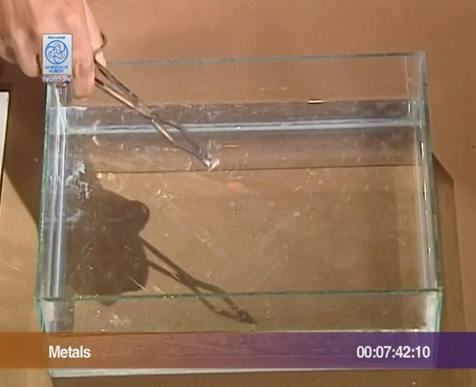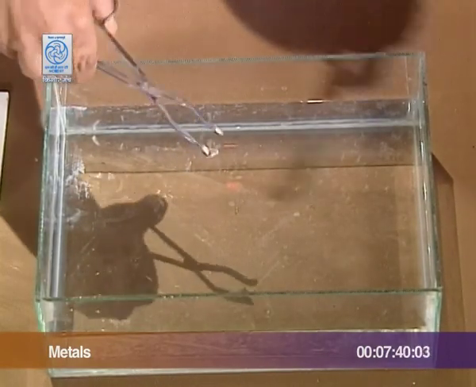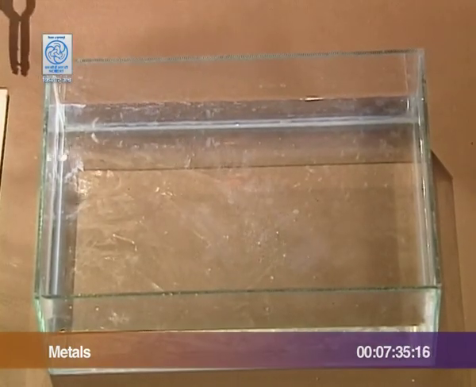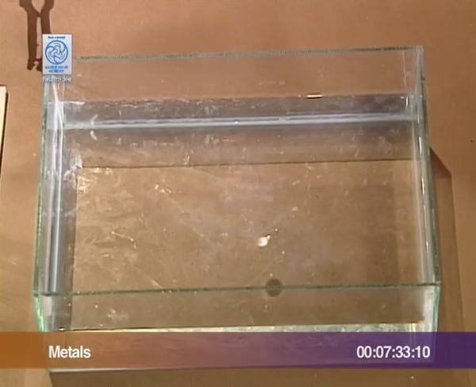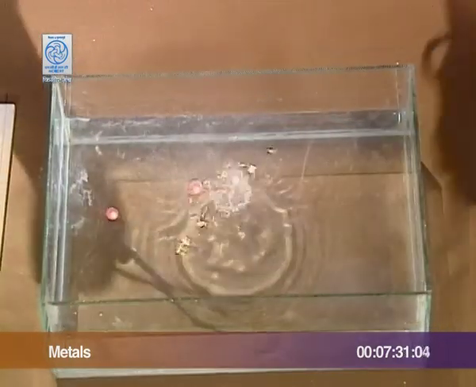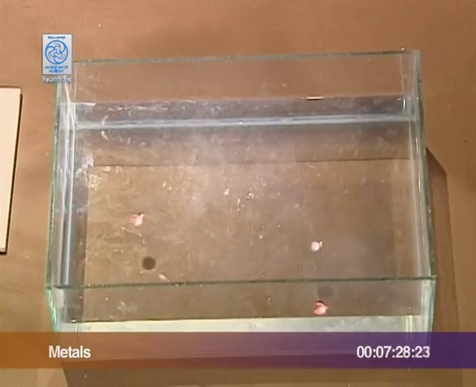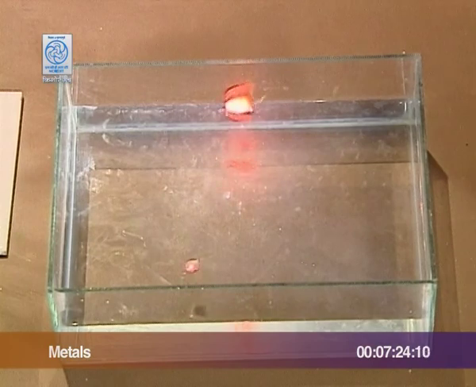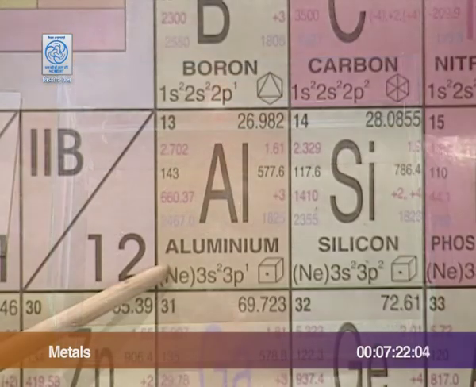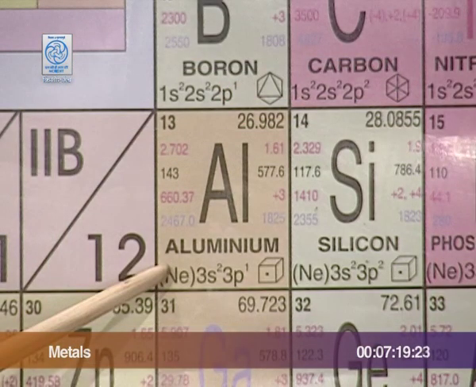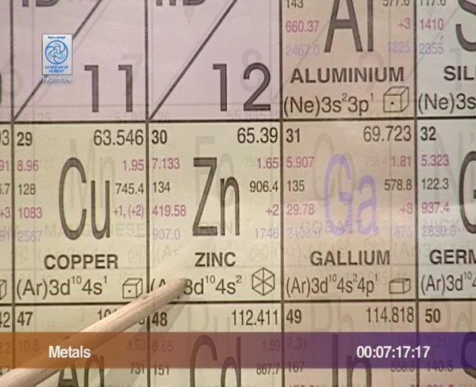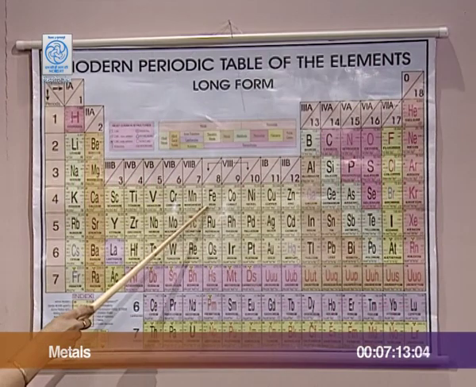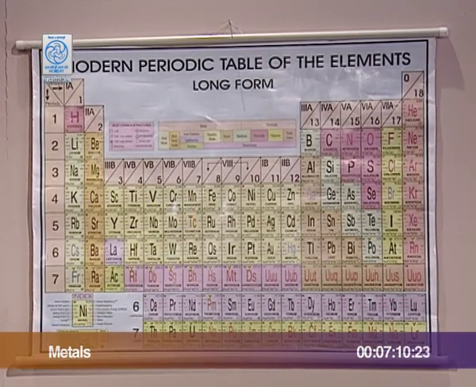Metals like sodium and potassium react even with cold water, and the reaction is so exothermic that the released hydrogen gas catches fire at once. Some metals like aluminium, zinc and iron do not react with cold water but react with steam.